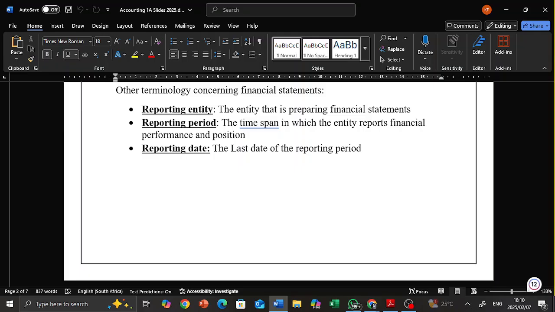If they tell you that the year ended on 30 June, you need to make sure you find out when that year began. It usually becomes very important when you are dealing with depreciation. Because if you buy machinery during the year, you cannot depreciate the machine for the full year.